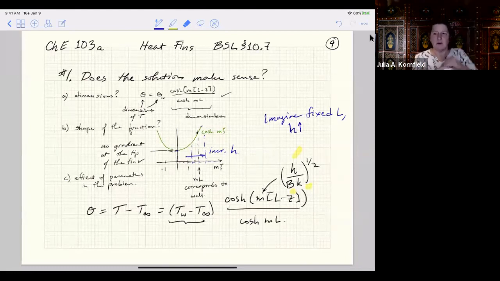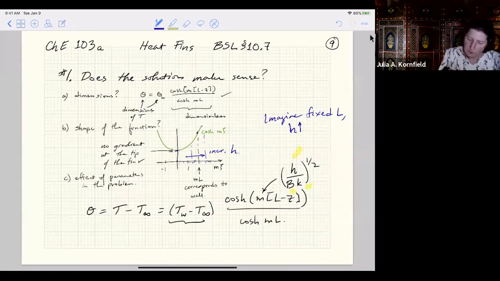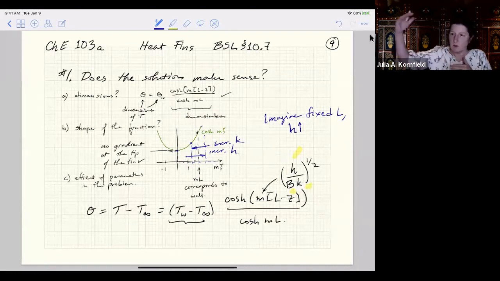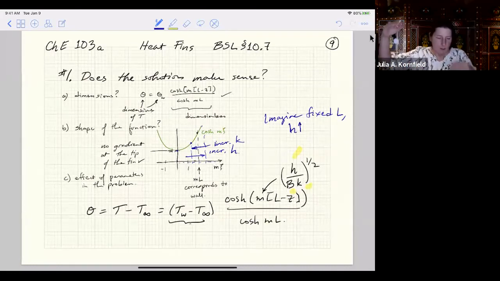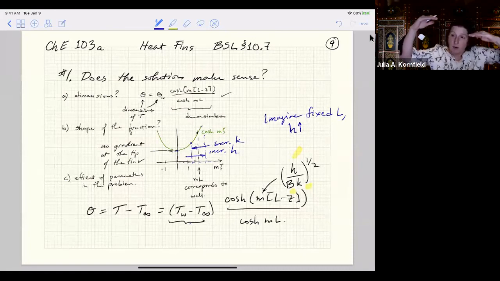I make the conductivity higher, and it moves in the opposite direction. So it goes this way. That means I'm making the temperature profile flatter. So this temperature is being rescaled so that it's always agreeing with the temperature of the wall. But the magnitude of the temperature drop before you get to the tip of the fin is a smaller drop.